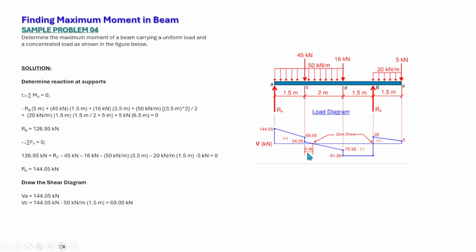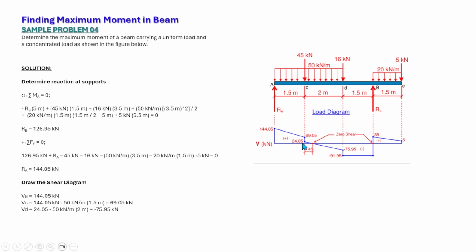So that is equal to 0.48. I did not show the calculation of how I came up with this figure because this is only for the ratio and proportion. So this is just a simple calculation, ratio and proportion, similar triangle. Now to calculate the shear at point D, that is equal to 24.05 minus 50 times 2, which is the uniform load between C and D.